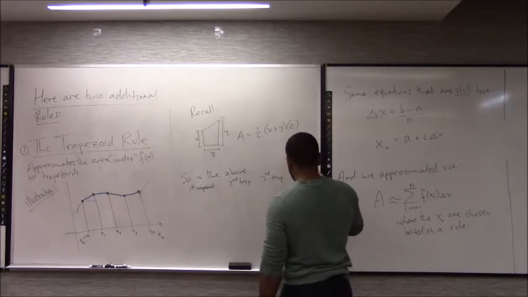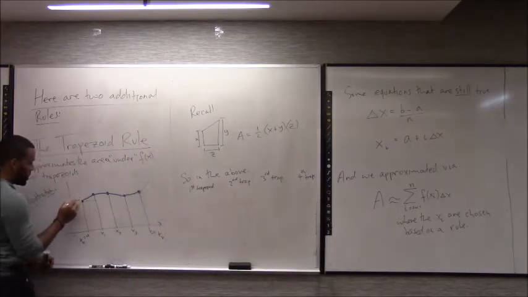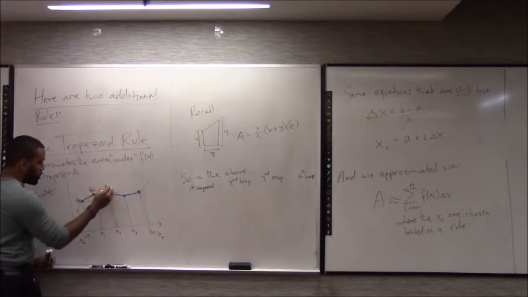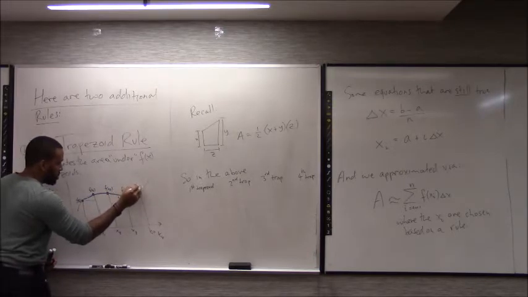Fourth trapezoid. Basically, the height here is going to be f of x0, height here is going to be f of x1, height here is going to be f of x2, height here is going to be f of x3, height here is going to be f of x4.